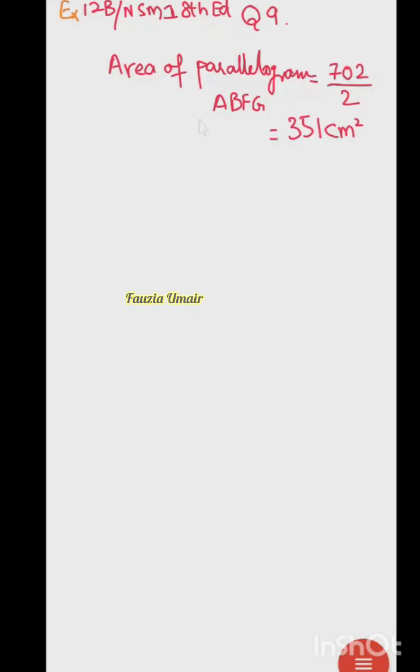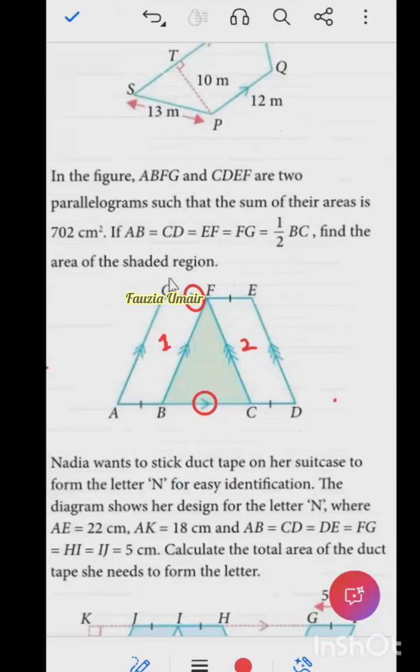So now just look at this shape. Going back to the question, we need to find out the area of the shaded region, right? So for that, we need the total area first.